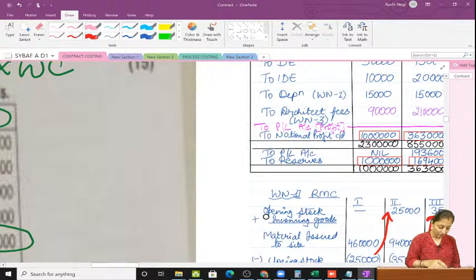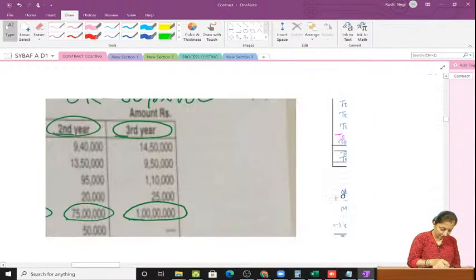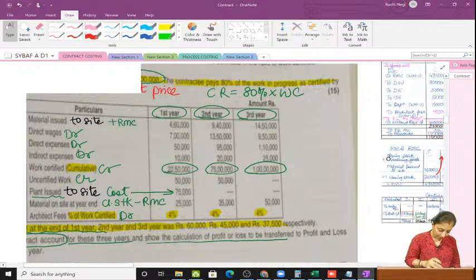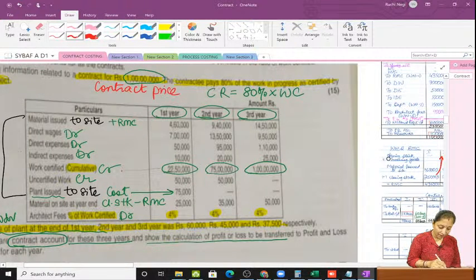So in the exam, how will you come to know it's a cumulative figure? That is important. See, work certified, a cumulative figure. And if they ask you to calculate architect fees on it, then how will you go for it? And how would you come to know in the exam that this is cumulative work certified or non-cumulative work certified?